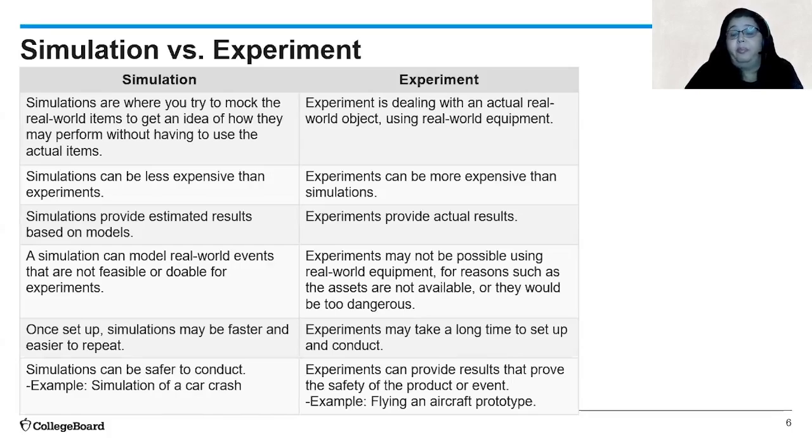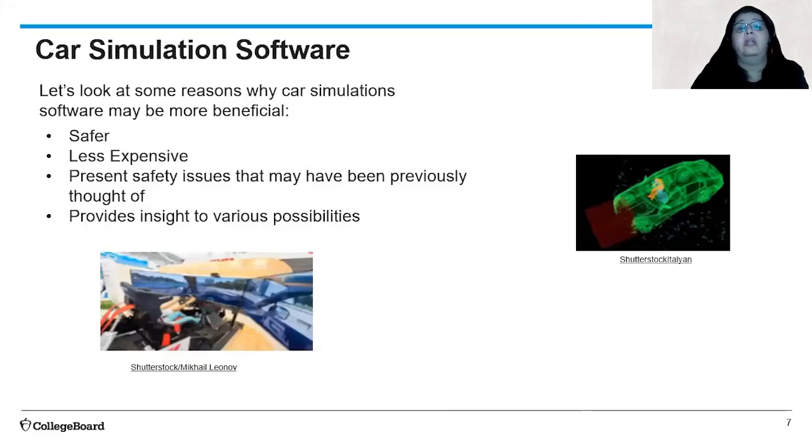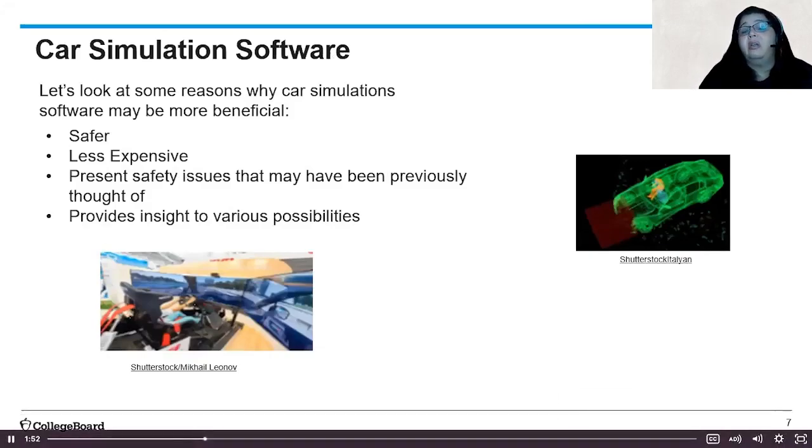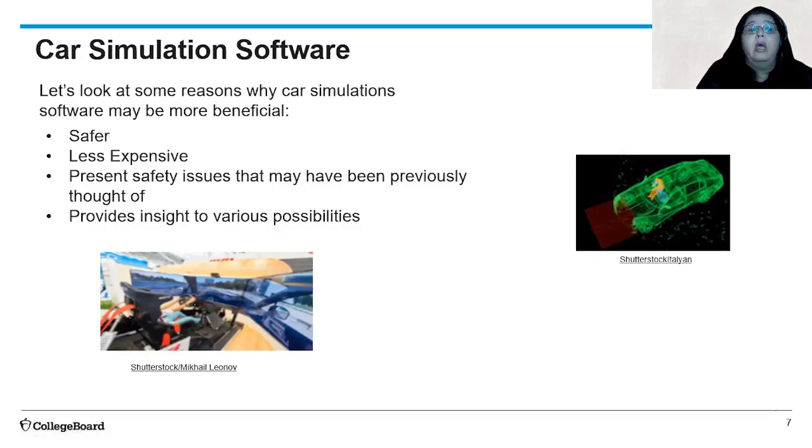Okay, so with no further ado, let's look at a specific simulation. If we look at a car simulation, we can recap on some of the things we just discussed, looking at a simulation versus an experiment. So a simulation for a car, it's safer. It is going to be less expensive, and you're looking at safety issues that may not previously have been thought of.